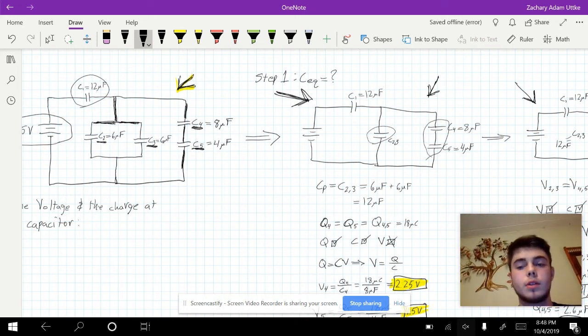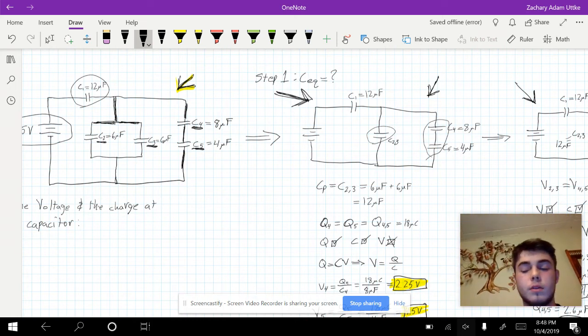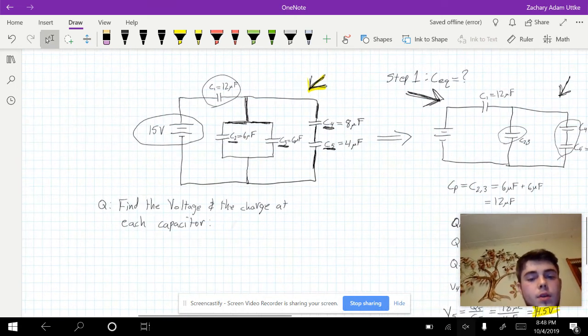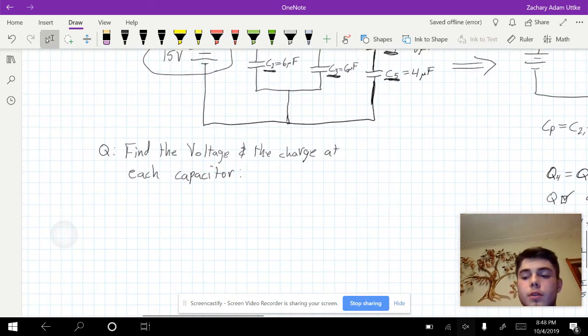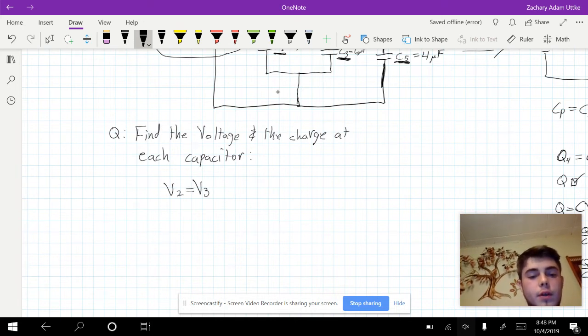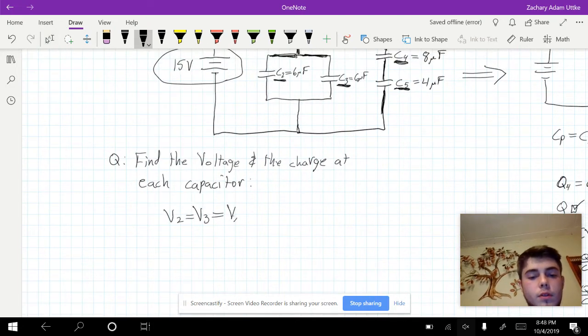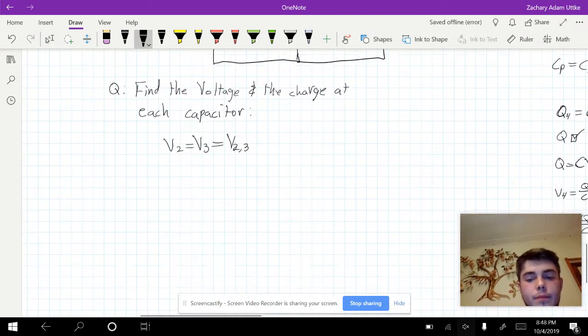So we can see that C2, 3 is now split into 2 parallel capacitors, C2 in parallel with C3. So because those two are in parallel, they're going to have the same voltage. So V2 equals V3, which equals V2, 3. Okay?